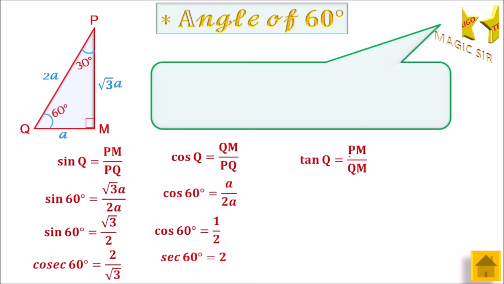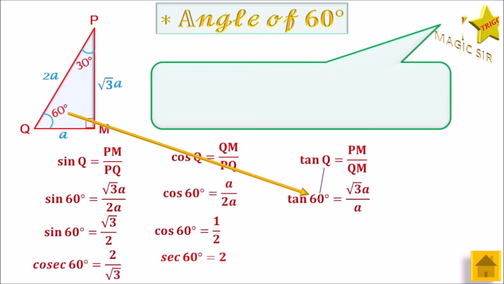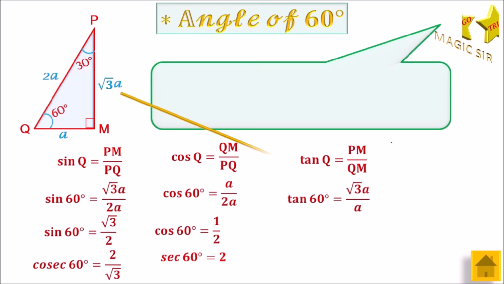PM is the side opposite to angle Q and QM is the side adjacent to angle Q. So we put Q equal to 60 degree and PM is equal to root 3a, MQ is equal to a.